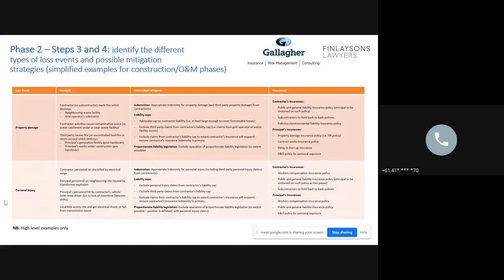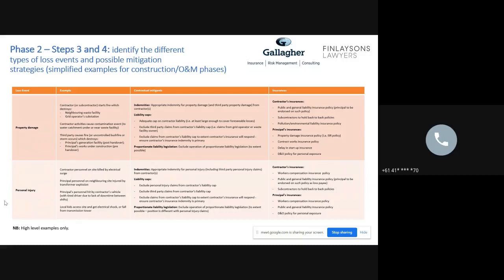An indemnity that says in your contract that the risk is assigned in relation to any property damage on site to the contractor who's constructing the facility makes it clear that regardless of who's at fault, you've got coverage against that contractor.